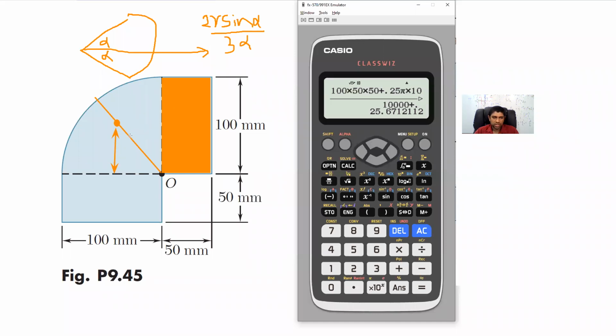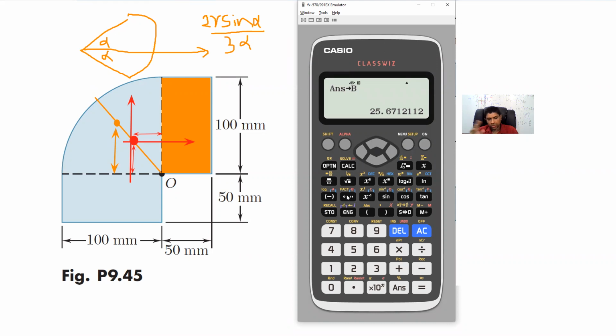It is the centroid of the whole thing, right? And this is the y bar that we have calculated. So both y bar and x bar are the same, because it's a symmetrical situation.